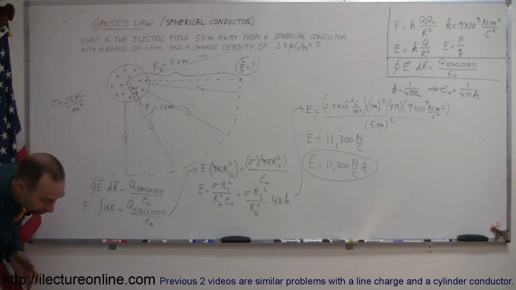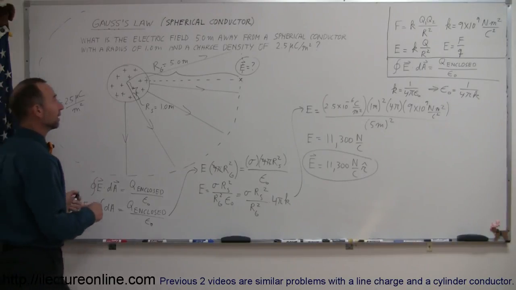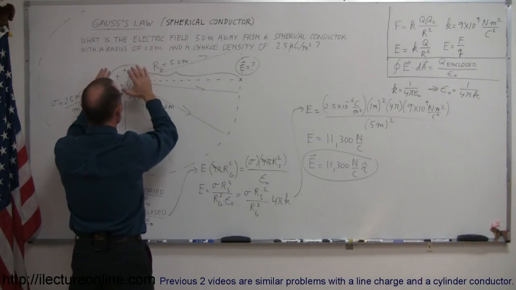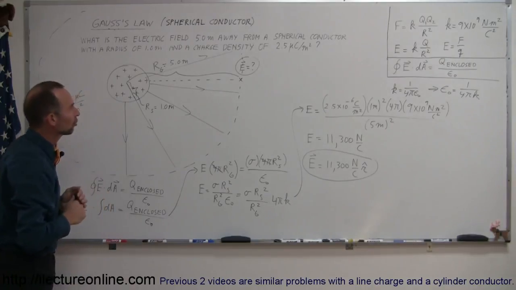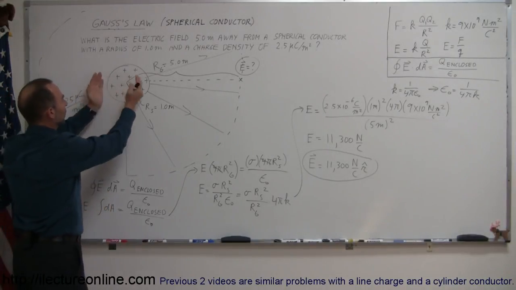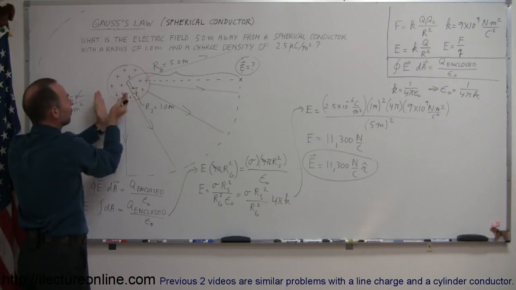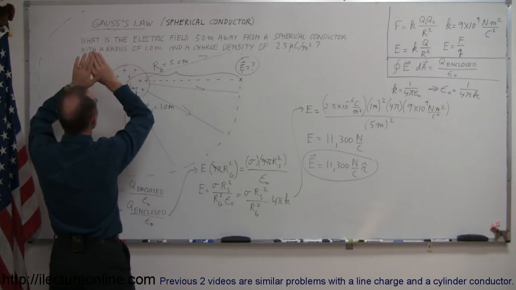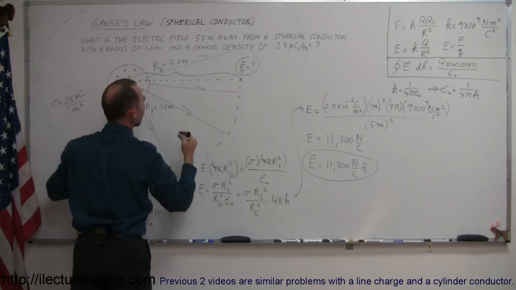Again, to summarize, to find the electric field strength at some distance away from an object containing charge, in this case a spherical object containing charge on its surface, we draw an imaginary Gaussian surface around it.